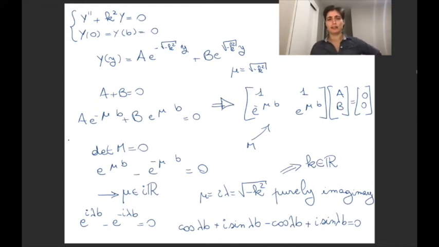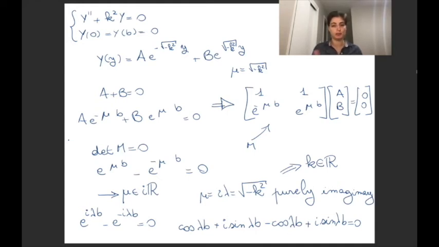But we also would like A and B to not both be 0, so what we need is the determinant of this matrix, which I'll call capital M, to be equal to 0. That corresponds to saying that the exponential of mu b minus the exponential of minus mu b is equal to 0. And this works only if mu is purely imaginary, with no real part.